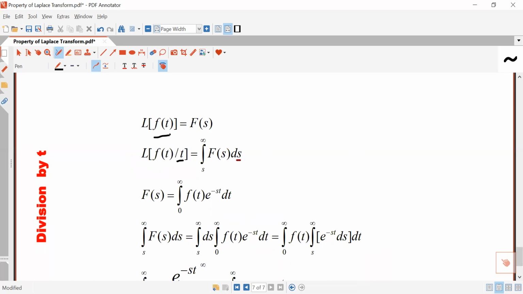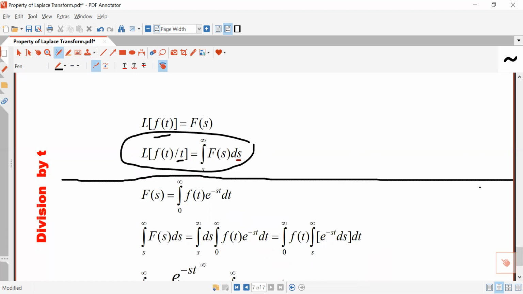According to this property, it will be equal to the integration from s to infinity of F(s) ds. How can you justify, how can you prove this statement?